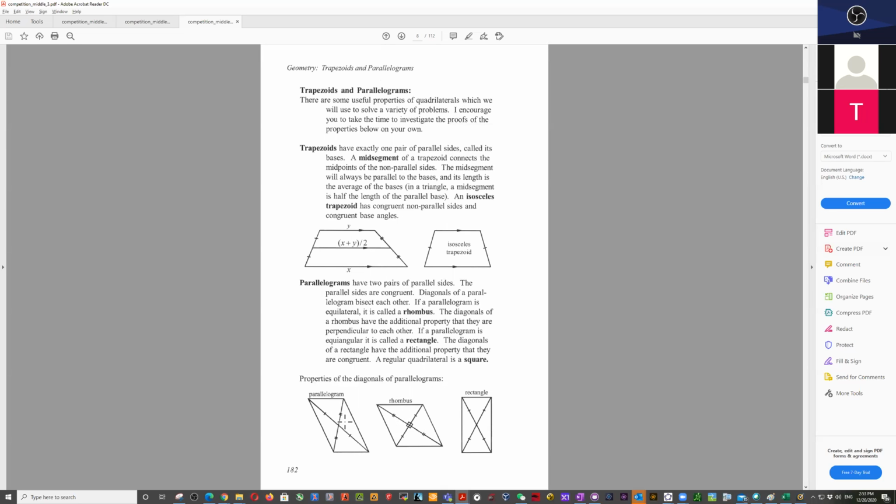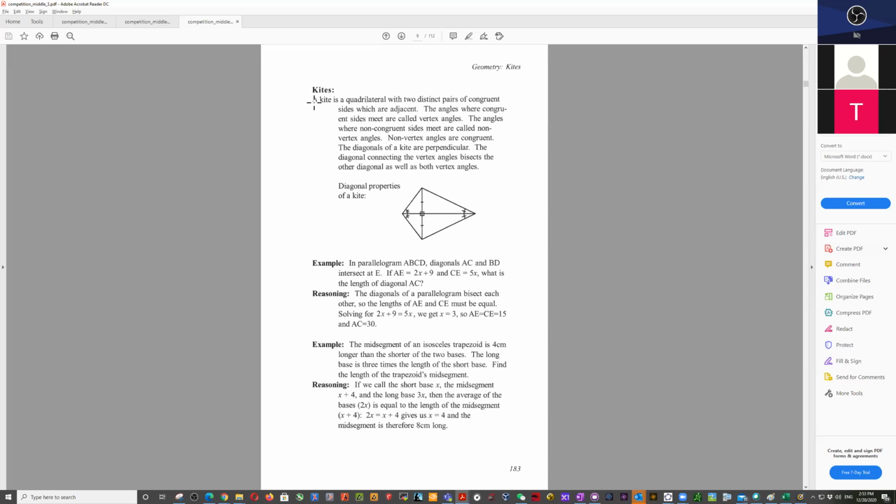For both rhombus and kite, you have a formula to calculate the area: 1/2 of the product of the lengths of the diagonals is the area.